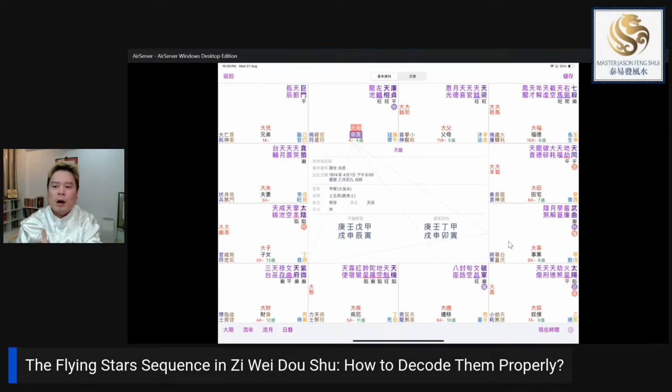Yeah, being found within her career domain. Eventually she set up her own business, and became doing quite well in her line of work. Yeah, so this is how we can decode a Wei Dou Shu chart. It is actually not that difficult. It's just a matter of getting used to the process of analysis and decoding.